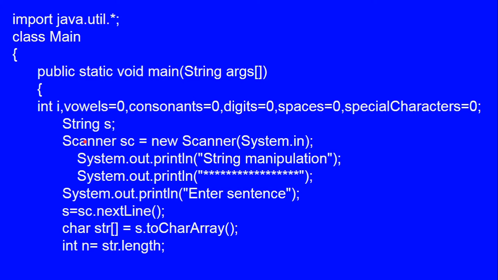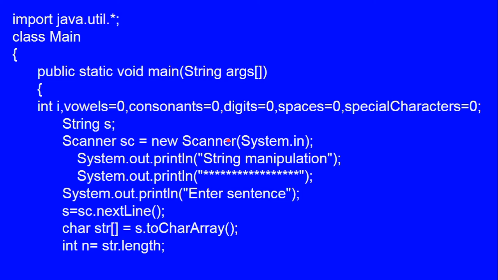Okay. Then Scanner sc = new Scanner(System.in). This is the input statement that gets the input from the keyboard and passes it through the Scanner class. For the Scanner class, we have the object called sc. Scanner sc is equal to new, which is the operator to create a new object for the class. Which class?